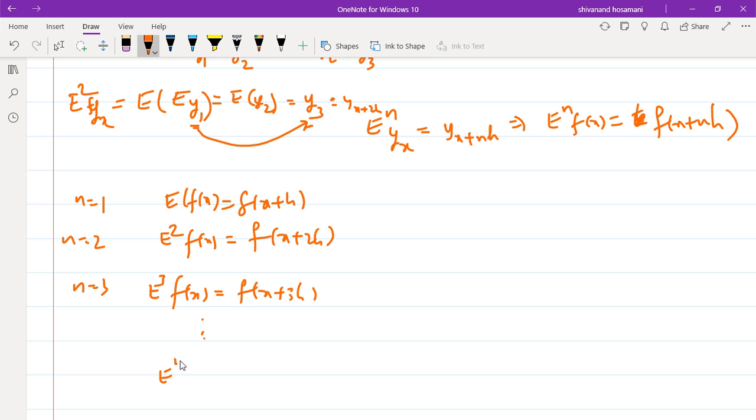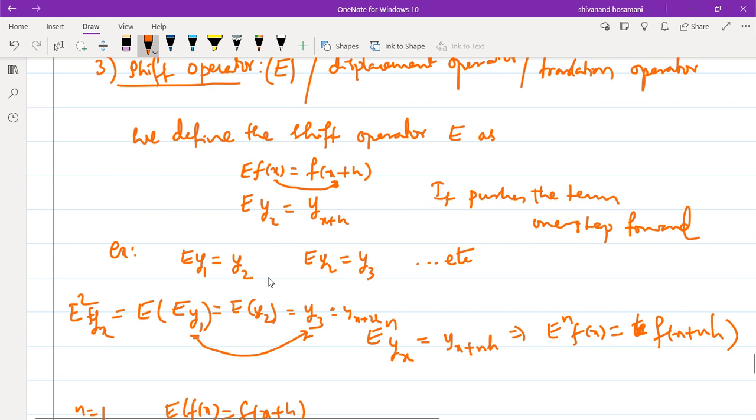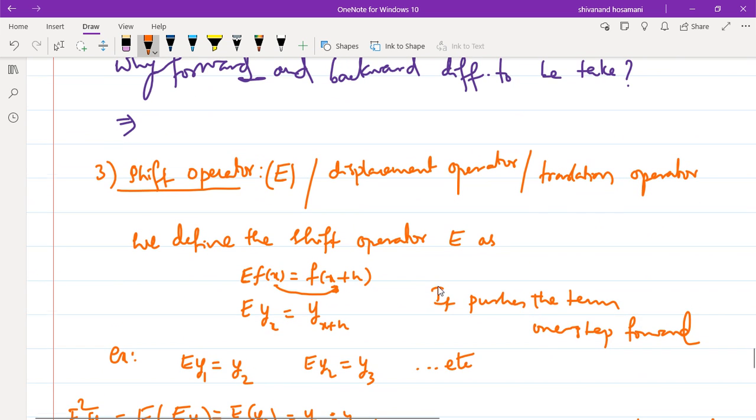So for general n, E power n of f of x is equal to f of x plus nh. I hope this is understood. This is the shift operator, which shifts one term to the next. If you apply it to y1, it gives y2; if you apply it to y2, it gives y3, and so on. So this operator is known as the shift operator.